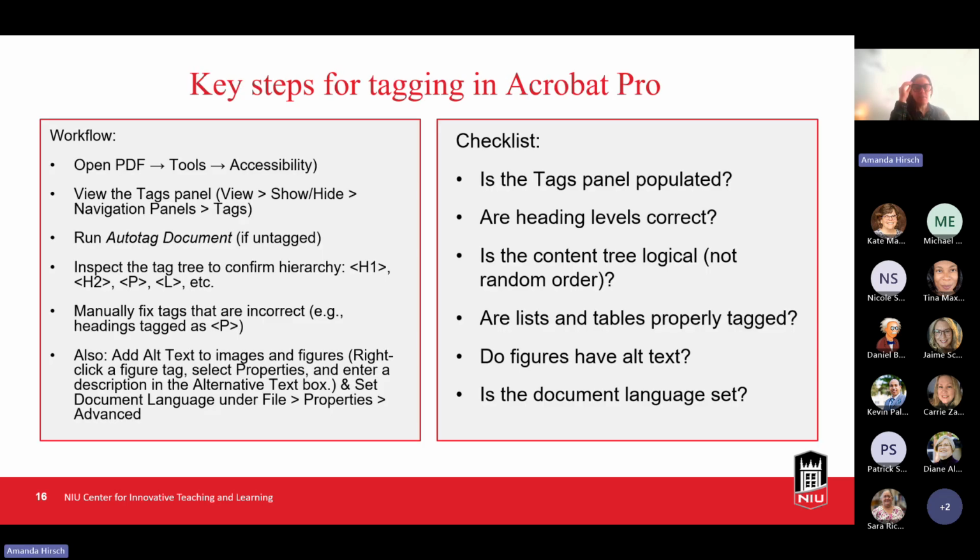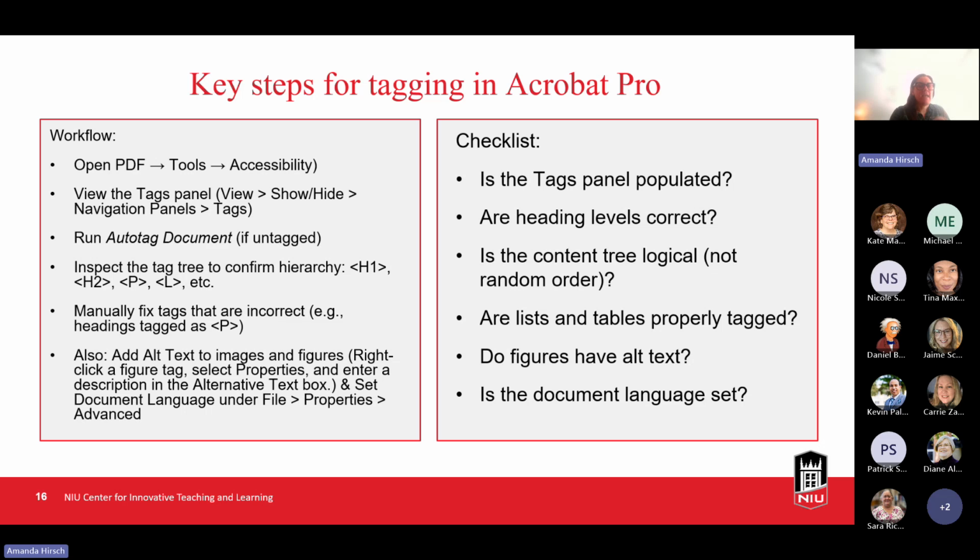So this slide is just summarizing the general workflow for reviewing and improving a document's tag structure in Adobe Acrobat Pro, and I'll send everyone who's here a follow-up email that includes links to resources for how to do these things. But in practice, the process involves opening the accessibility tools in Acrobat, examining the tag structure through the tags panel.